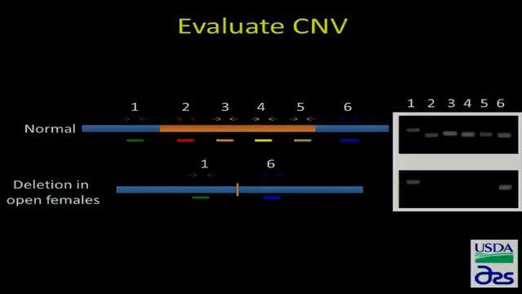In a normal animal, the entire section of that DNA is amplified, so the deletion is not present. However, this is an open animal. Outside the deletion is amplified, but when we look at the region within, no product is produced. Therefore, we conclude this animal has the deletion.